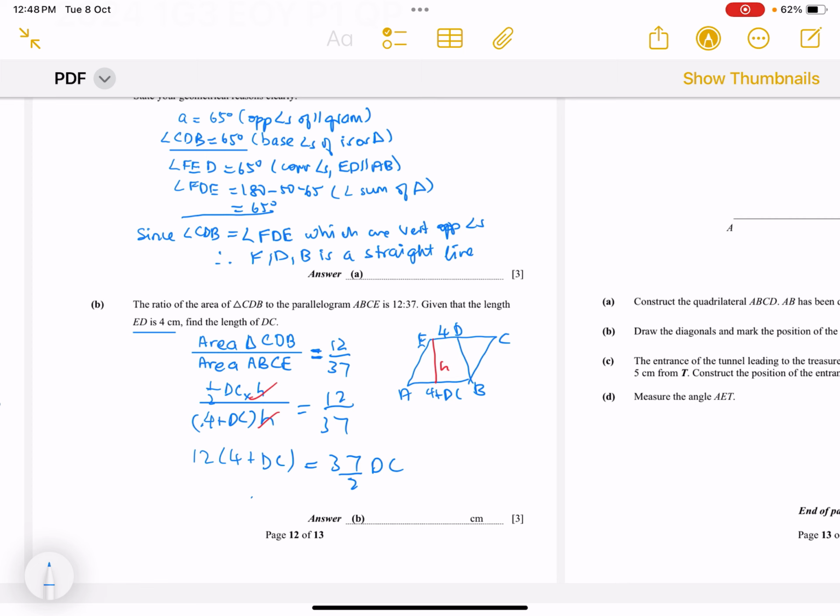Okay, so solving this will give us DC is 7 and 5 over 13, or 7.38 cm.